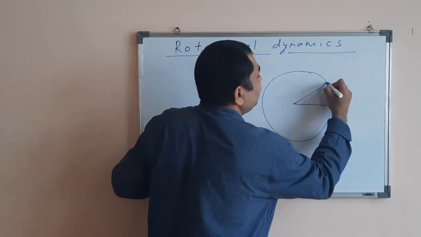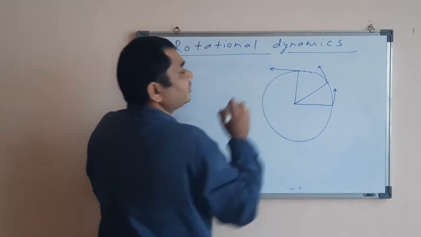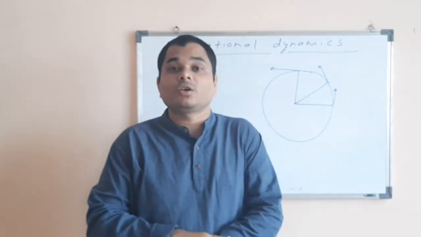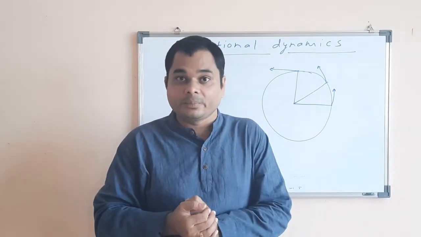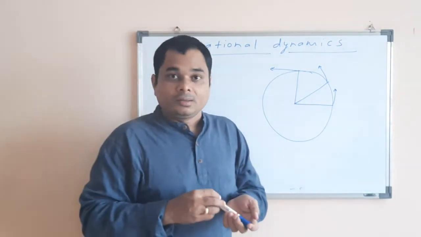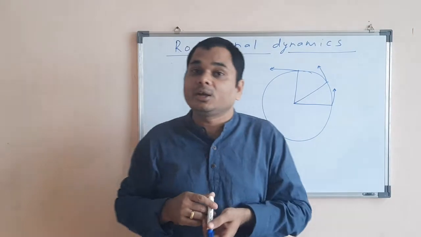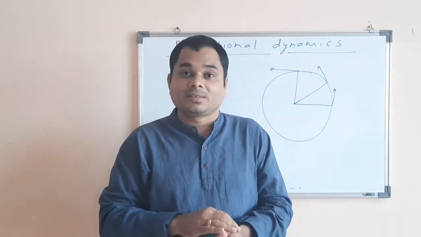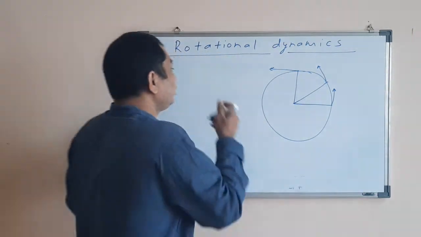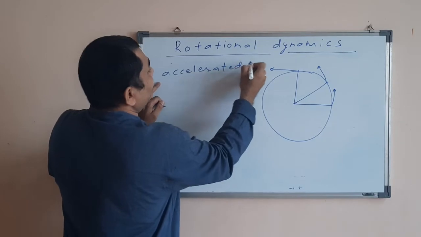At this point the linear velocity will be like this. At this point the linear velocity will be in this direction. So see, at every point, at every instant, the direction of linear velocity keeps on changing. Therefore, even if the speed is the same, since the direction is changing, the velocity of the particle does not remain the same. So therefore, circular motion is an accelerated motion. It will always have acceleration.